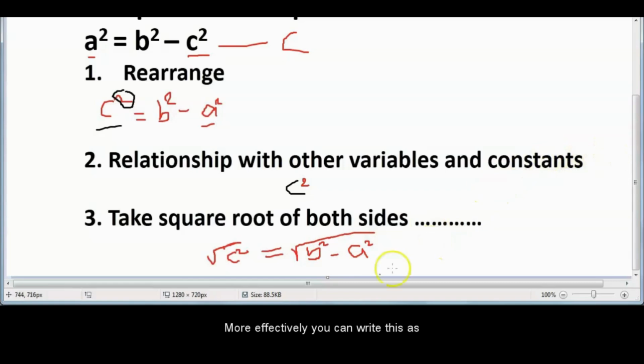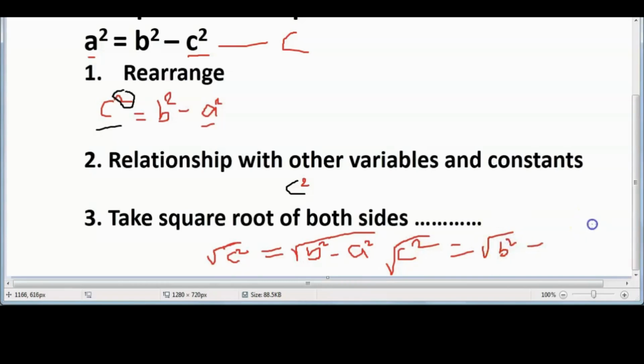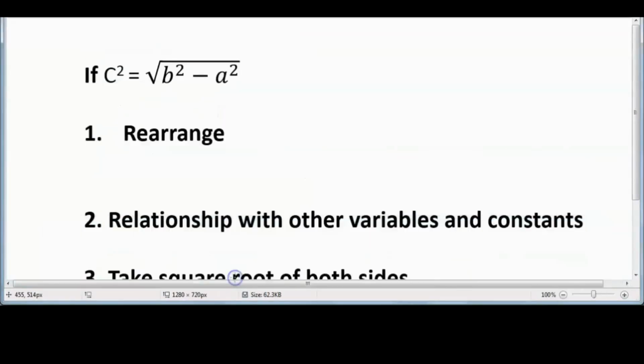Or more effectively, we can write this as the square root of c square equals the square root of b square minus the square root of a square. Just like this.